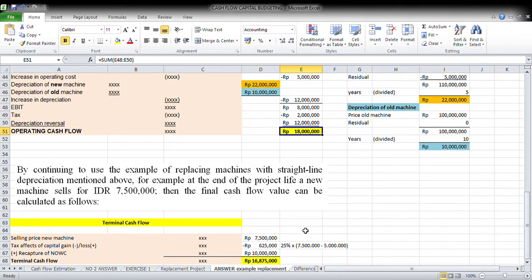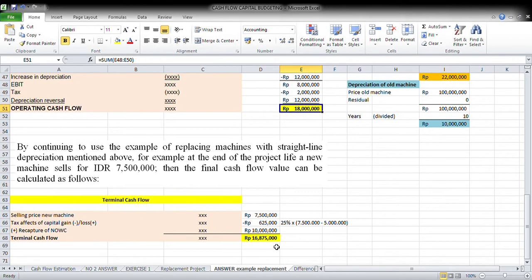And then for the last explanation, this is from the terminal cash flow, or maybe the end of cash flow. We get the life and new sales is 7,500,000. So we put here the selling price of the new machine, and then we can minus with the tax.